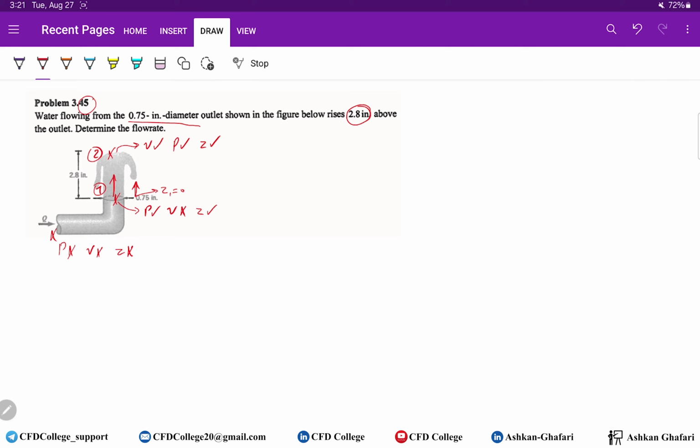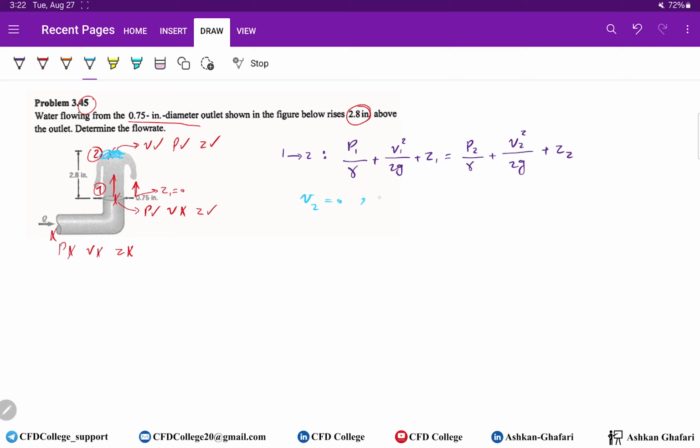So we should use Bernoulli equation between point 1 and point 2. P1 over gamma plus V1 square over 2g plus Z1 equals P2 over gamma plus V2 square over 2g plus z2. Okay, what do we know? We know that v2 is 0 at this point 2.